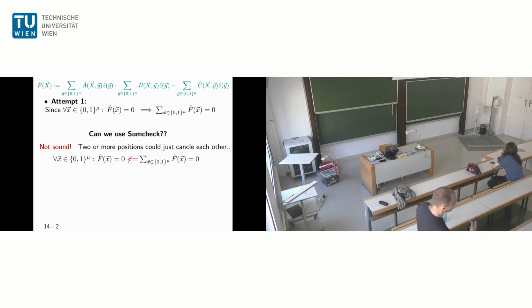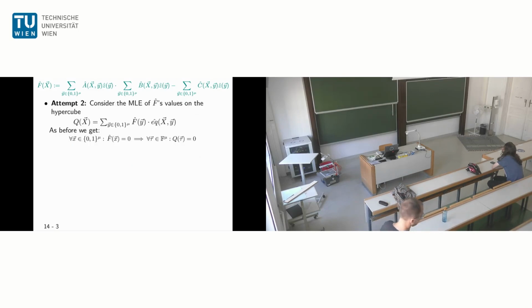So I believe you that you have a valid witness. But we can't do that because clearly summing over this polynomial could lead to situations where terms cancel each other out. So at one point you have 3, at the other point you have -3. Summing over them gives you 0. So you cannot directly make this conclusion.